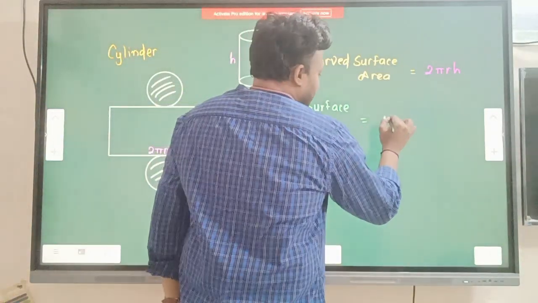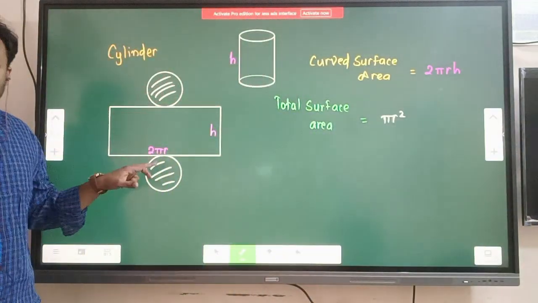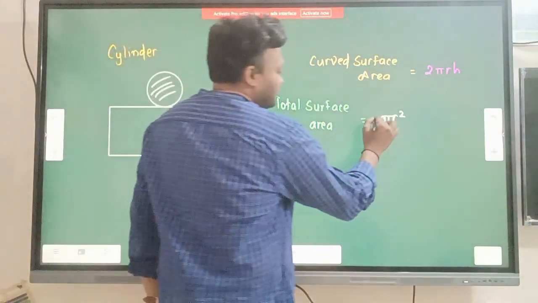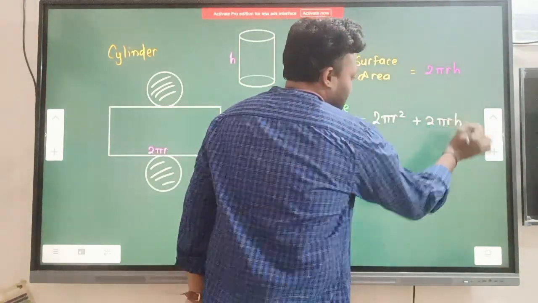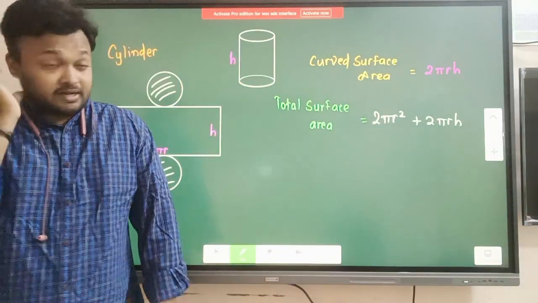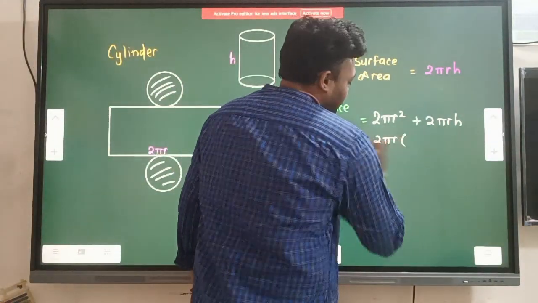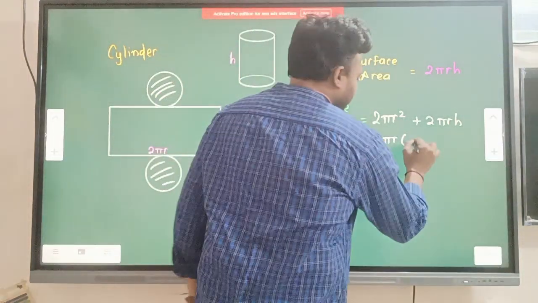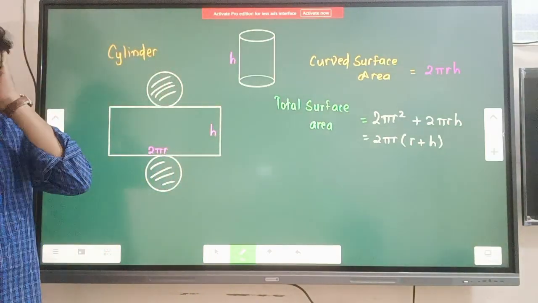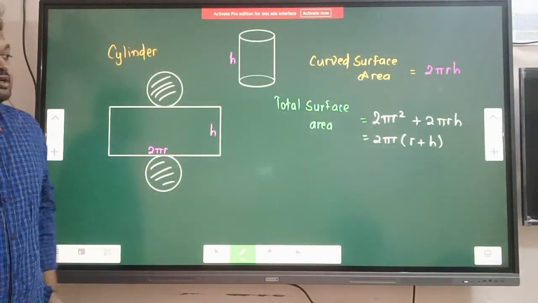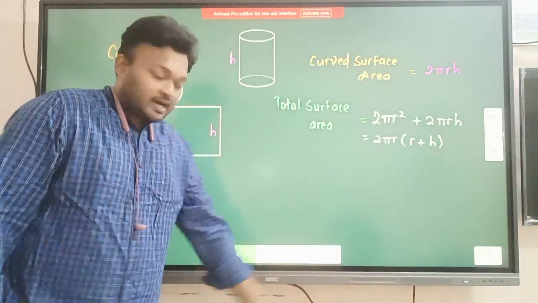It is pi r square. But now tell me, how many circles are there? There are two circles. So it will be 2 pi r square plus 2 pi r h, which is its curved surface area. Now, what can we take in common? 2 pi r. So one r remains here and h remains here. So that's it. The total surface area is 2 pi r (r plus h) or (h plus r).